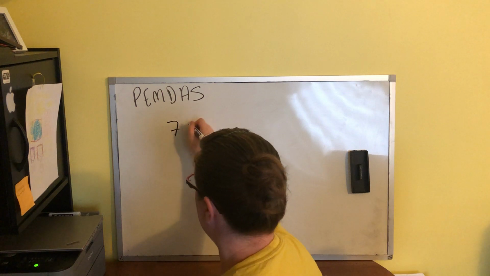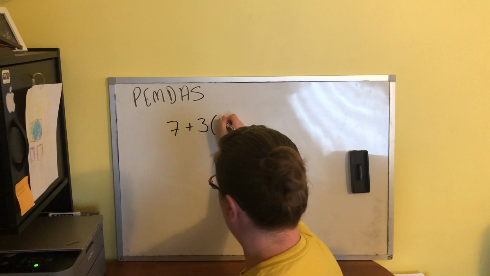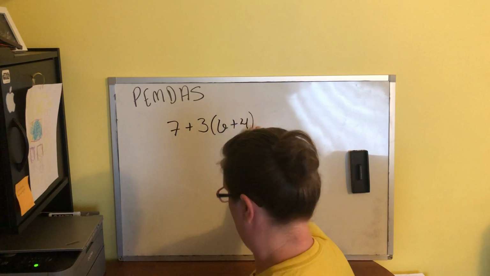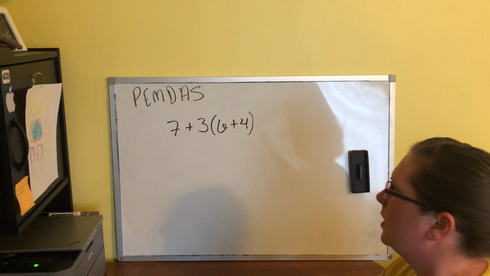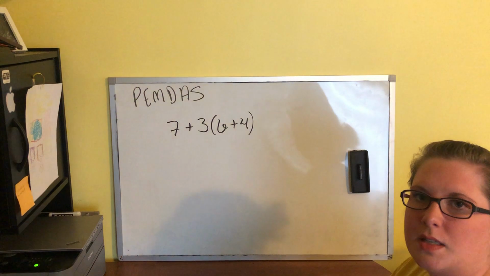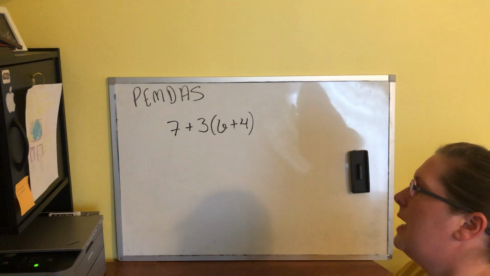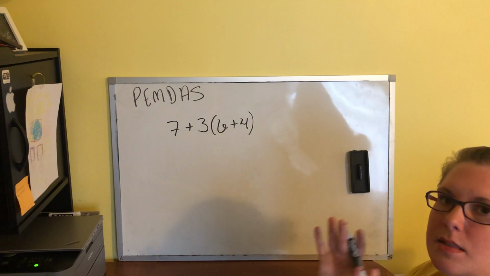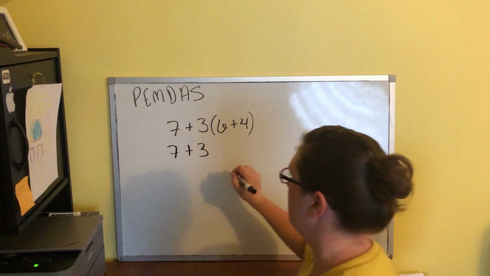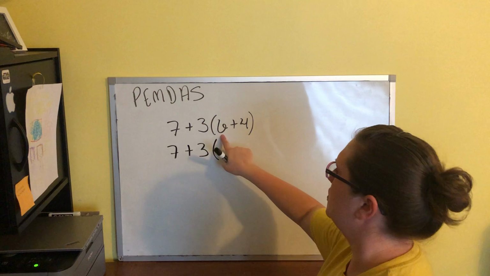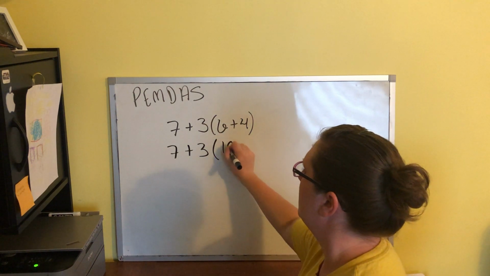Okay, let's do 7 plus 3 times (6 plus 4), okay? First thing we're going to look for, are there parentheses? Yes. So we're going to handle the operations inside the parentheses first. So I'm going to recopy everything else. The 7 plus 3 is going to stay. Now I'm doing 6 plus 4 is 10.